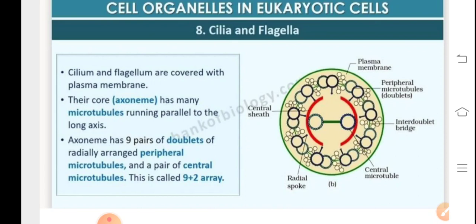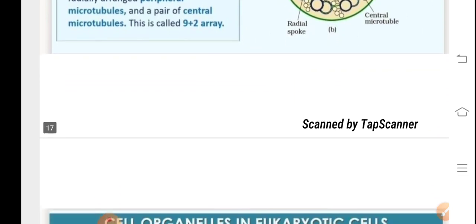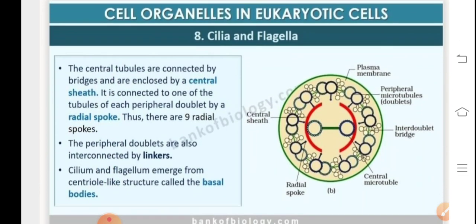And the peripheral doublets are connected to the central singlets by the radial spoke. Here we can see that the peripheral doublets are also connected with the help of the linkers, and cilia and flagella basically emerge from a centriole-like structure referred to as the basal body.